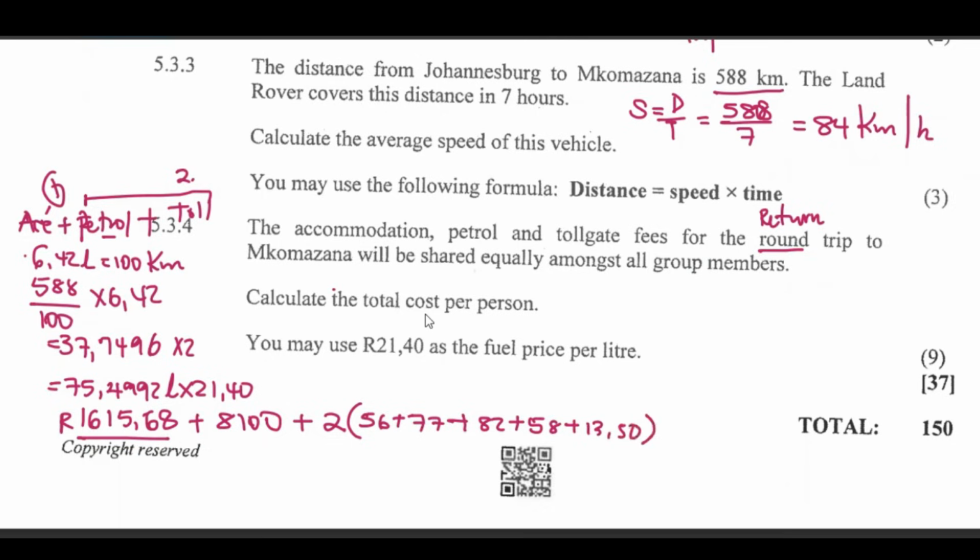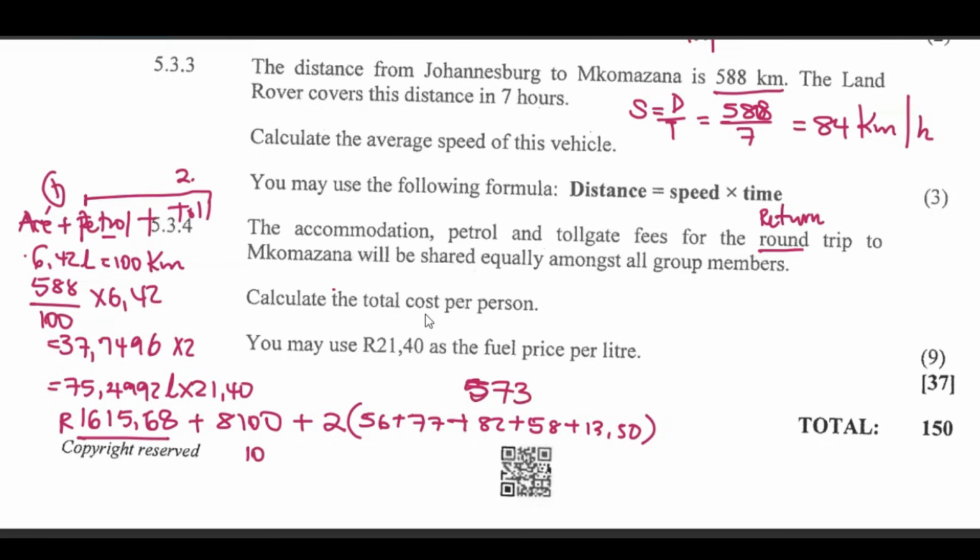How much are you paying for that? Here you would have paid 573 for everything here. So let's add fuel money, 1,615 rand 68 cents plus 8,100 plus the 573.